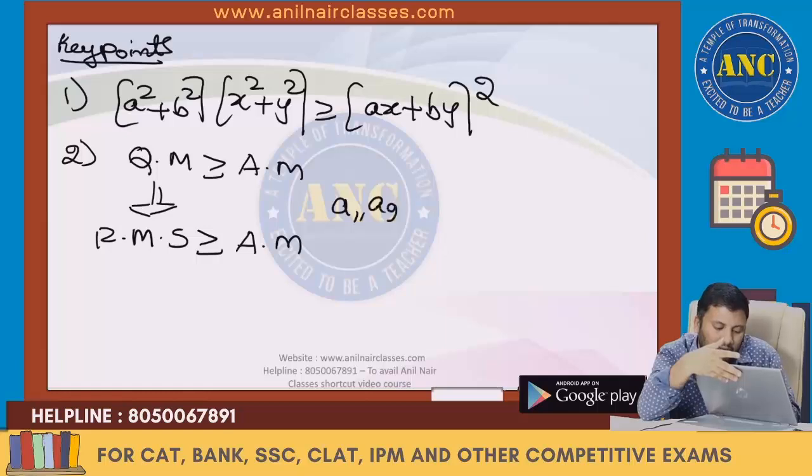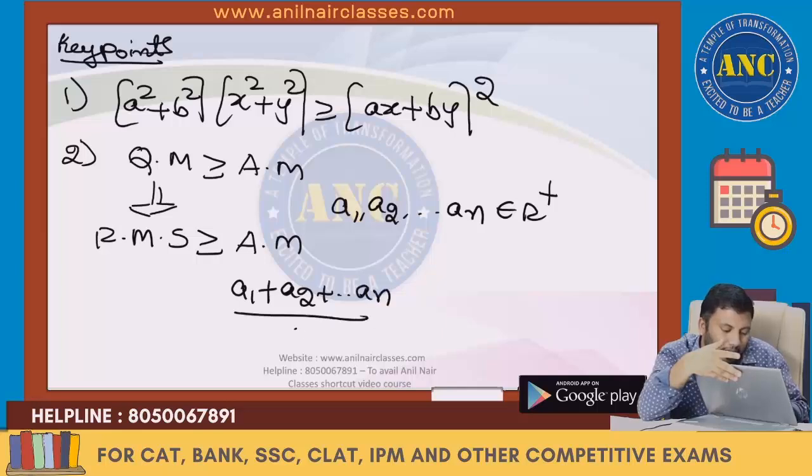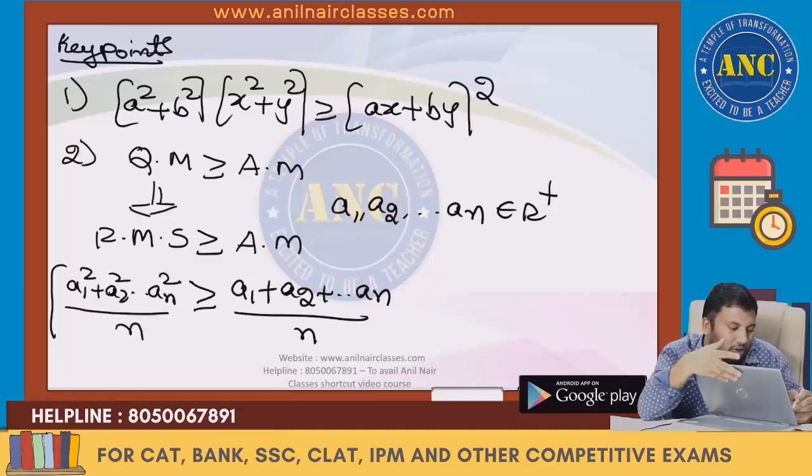If a1, a2 and so on up to an are positive real numbers, arithmetic mean is sum of the quantities by number of the quantities. Root mean square: first do the square, a1 square, a2 square and so on up to an square. Apply the mean value, then apply the under root value.